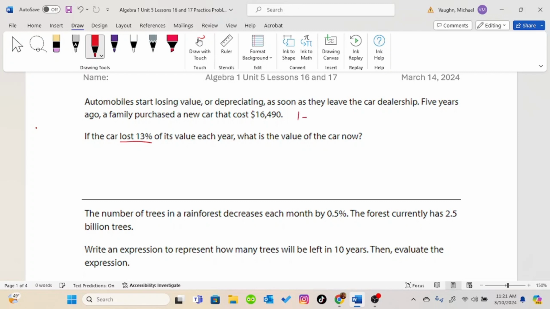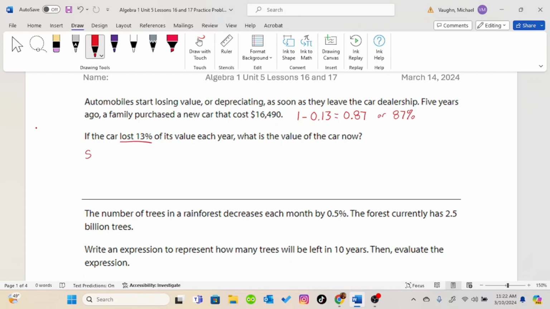So if we say 1 minus 0.13, because 13% as a decimal is 0.13, this means we're keeping 0.87, or 87% of the value each year. So our growth factor is going to be 0.87.